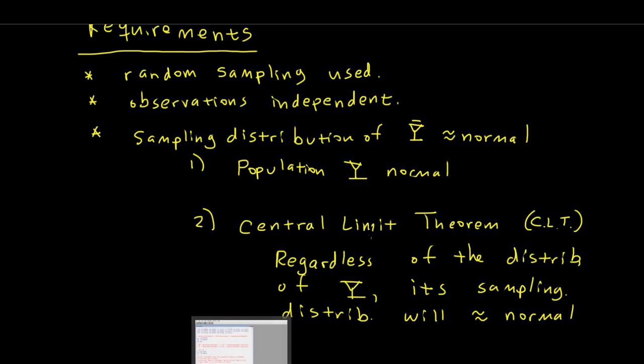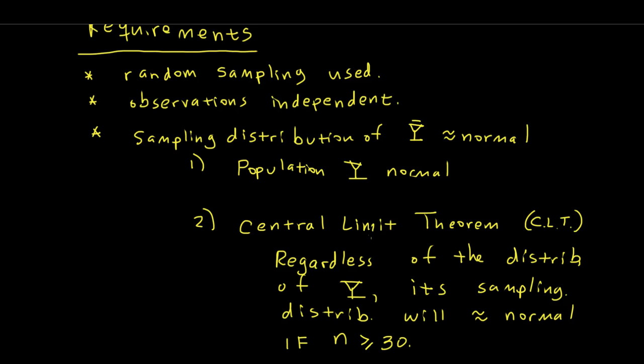And we had mentioned in our class, just to have an overarching condition for that, we said if our sample size is at least 30. So how do we verify this? Well, again, random sampling. You'll be given some information about the sampling protocol.